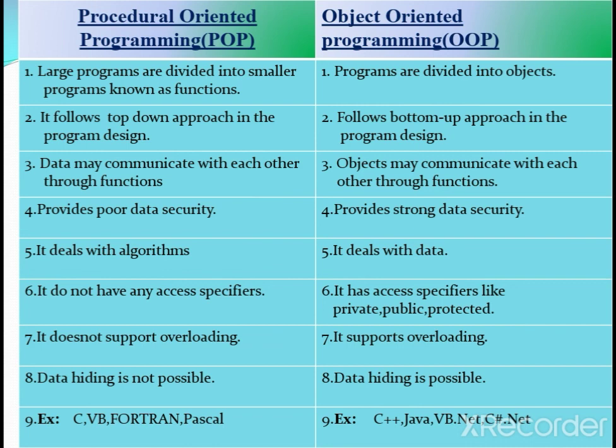Some examples for POP: C, Visual Basic, Fortran (formula translation), Pascal. For OOP, examples are C++, Java, VB.NET, C#.NET. These are the differences between procedural oriented programming language and object oriented programming language.